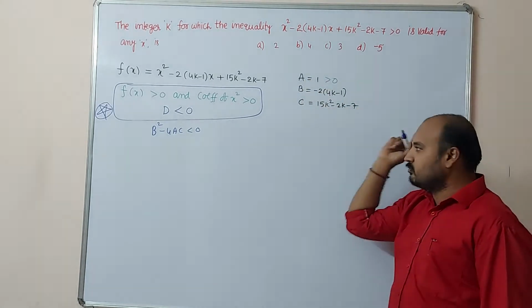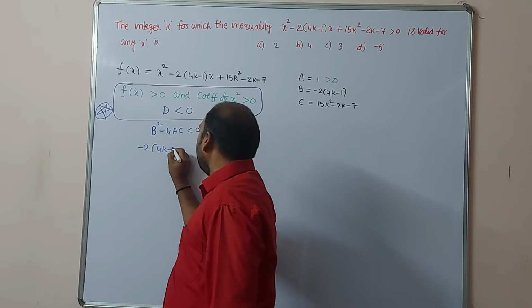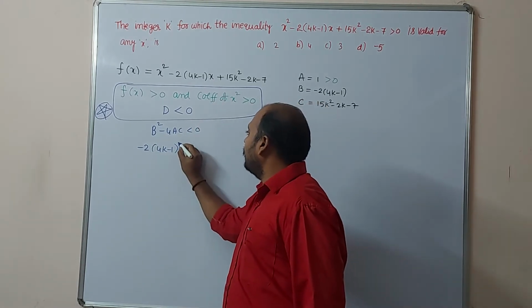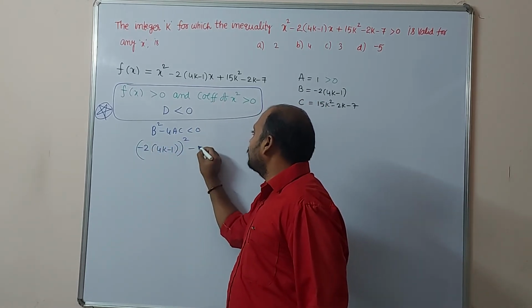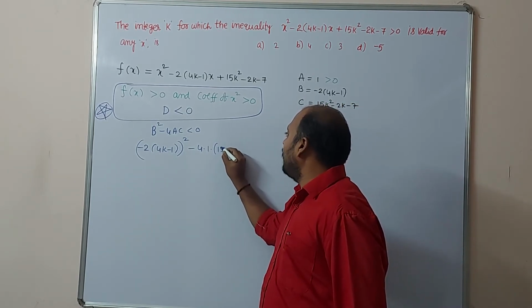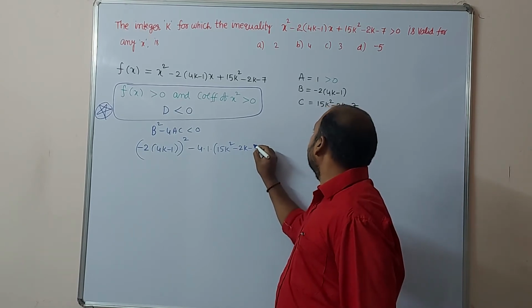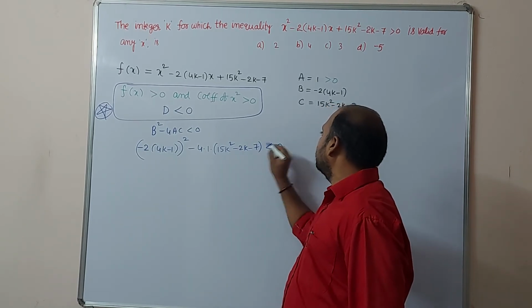ABC values we have, get it. Minus 2 into 4k minus 1 whole square minus 4 into a value 1 into c value 15k square minus 2k minus 7 is less than 0.